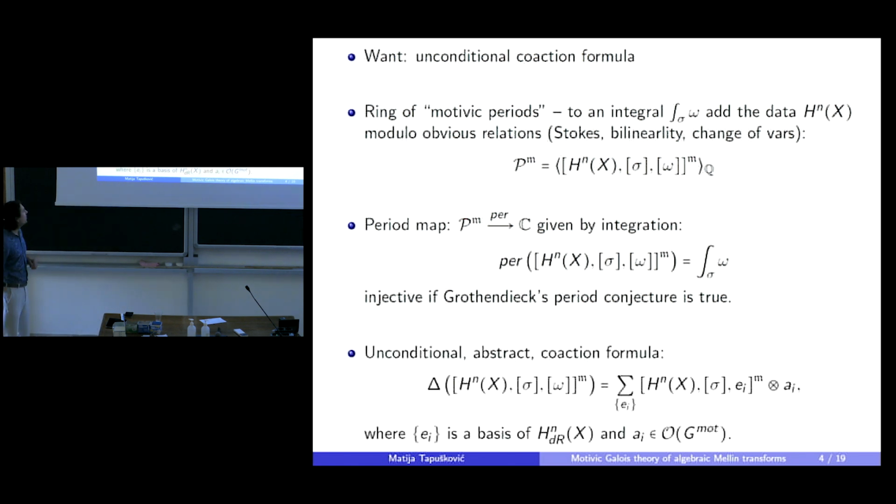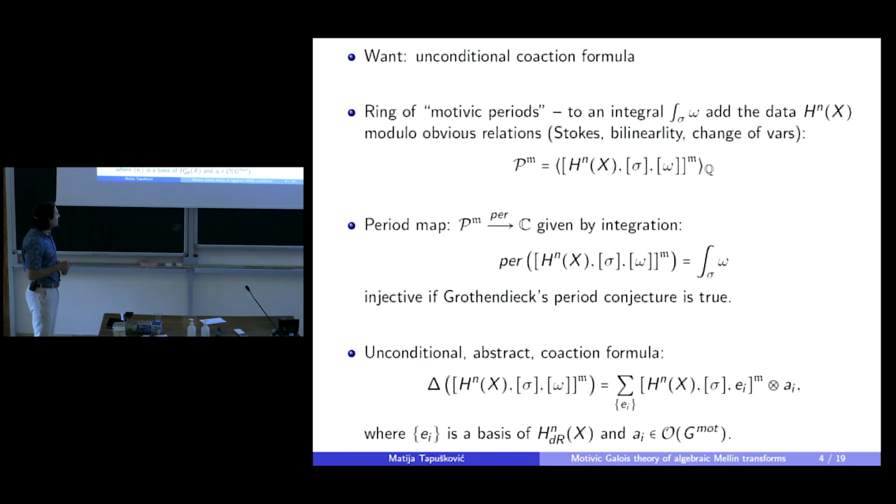Okay, so the upshot of this, why are we doing this, is so that we can have an unconditional abstract formula for the coaction that we started with, which looks like this. So a triple like this, as I said, the integral of omega over sigma plus the data of the cohomology of X, is sent to a finite sum of simple tensors, where on the left we have the same type of triple, where e_i are some new differential forms now, tensored with some a_i, functions on the Motivic Galois group, as we stated at the beginning.